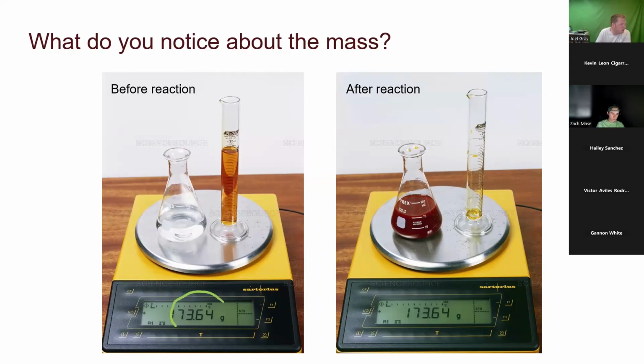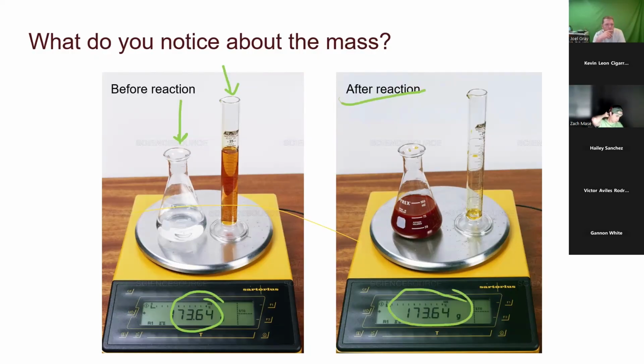We have a total mass of 173.64 grams. So these two solutions in our graduated cylinder and in our Erlenmeyer flask, when they are mixed together, they will change color.